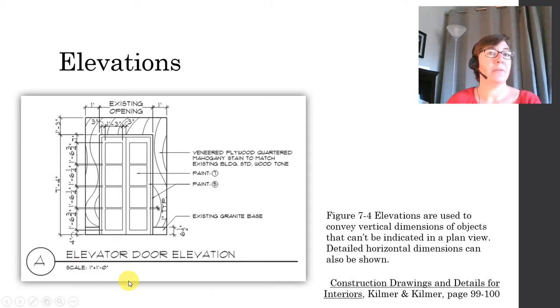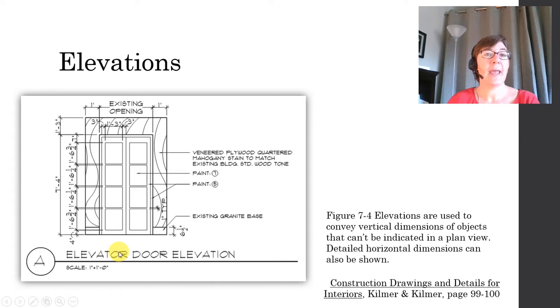So let's talk about some dimensions on elevations. Elevations are used to convey vertical dimensions. So we see that right here. This door is 7 foot 4 inches tall. And also we've got some smaller dimensions calling out the individual panes of glass.